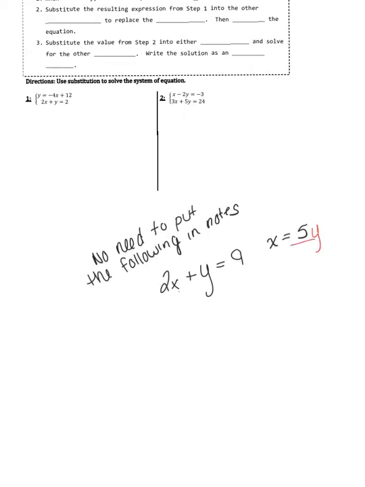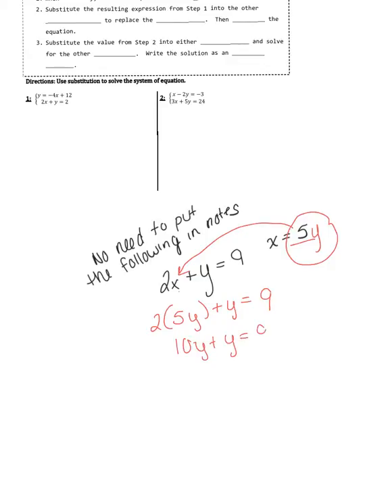Same idea, I'm still going to take 5y and plug it in for x because it's saying x is 5y. By doing that, I've eliminated a variable and I can now solve for just y. So this would be 10y plus y is equal to 9. Combine like terms. Now I get a decimal in this example, but that's okay. And y is equal to 9 over 11.